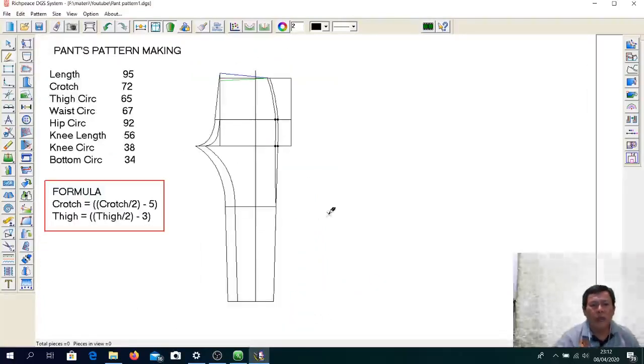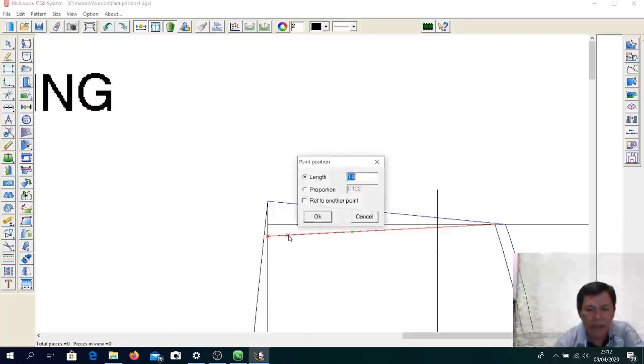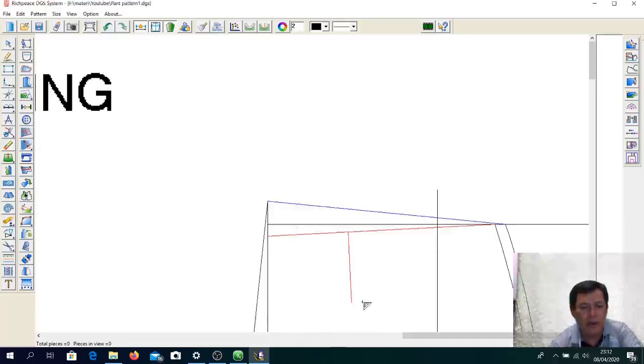now we have already the front and back pattern for pants, and then for the dart we are using this until this point, and from here 7 cm. Okay, for the front this is 15 cm.